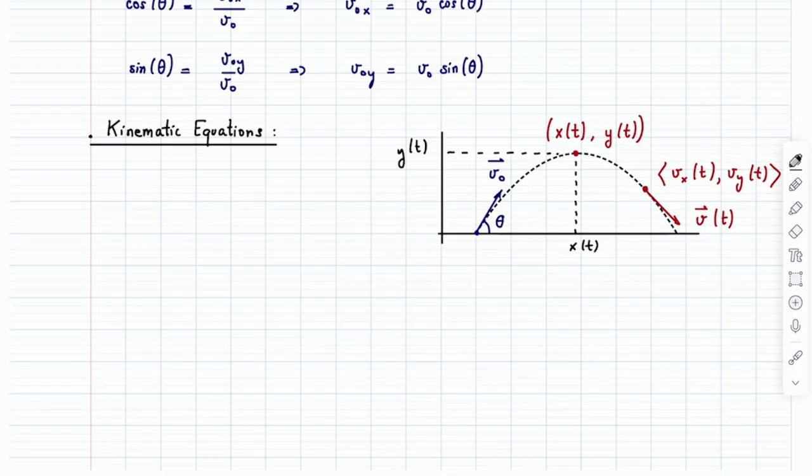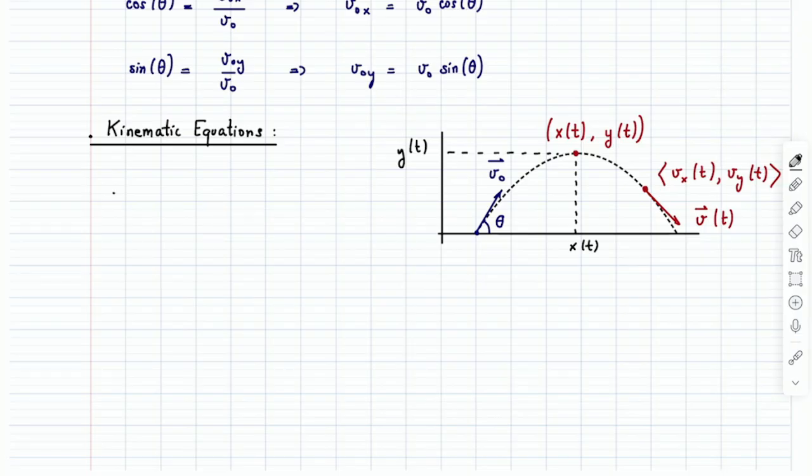And so what I just do is I introduce functions of time that give me position and velocity along x and along y. And so this is going to tie to what we learned last week, because we said, oh, well, in the case of constant acceleration, which will always be the case in this class, then we have x of t and vx of t. We know what they look like. We said the following.